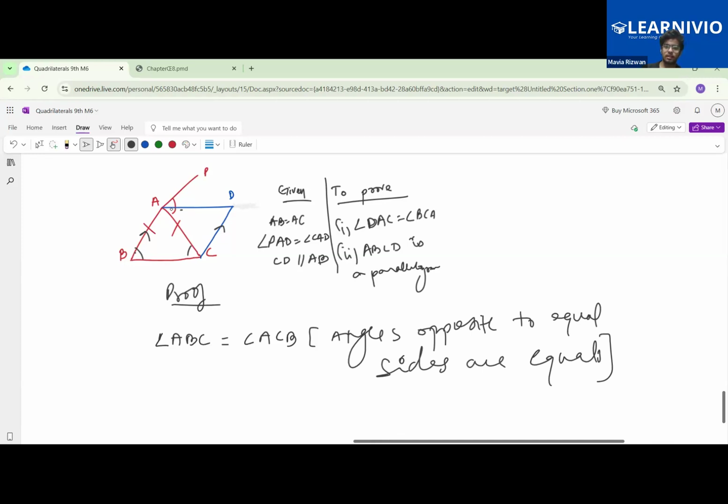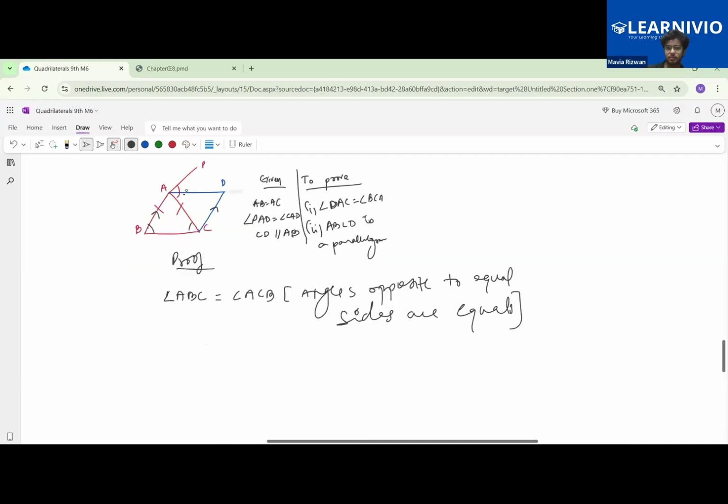Now I know that angle PAC would be equal to angle ABC plus angle ACB, right? Because of the exterior angle property. This is an exterior angle, and this is actually a straight line. Since PAC is the exterior angle, angle PAC would be equal to angle ABC plus angle ACB.